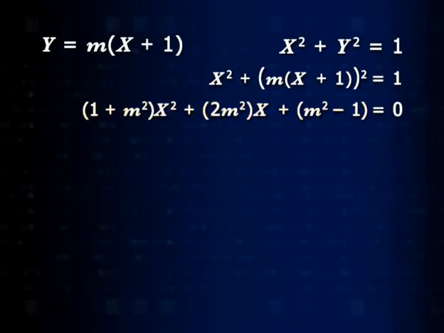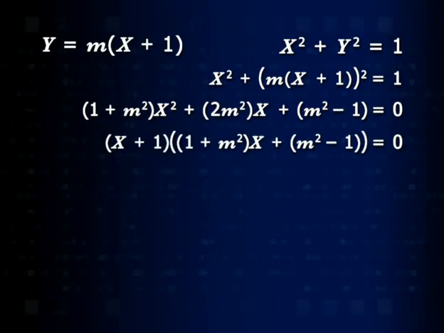Well, the left-hand side, in fact, can be factored, and we've factored things before. This one's a little bit trickier, so I'll do it for us. It can be factored as the quantity x plus 1 times the factor quantity 1 plus m squared times x plus m squared minus 1. And those two factors, when multiplied, equal 0.